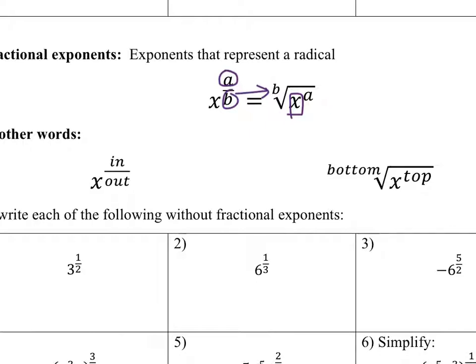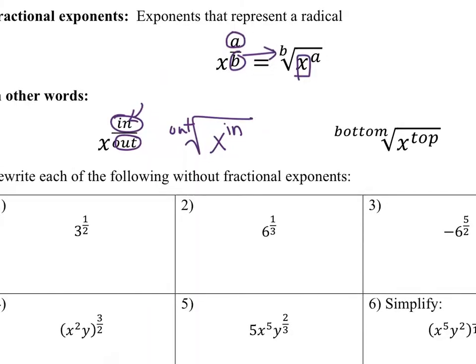So to begin with, we're just rewriting. Okay, so here, the top number is always the inside number. So if I'm going to rewrite this, this is the top number. That's going to go inside. And this is the outside number. That's the little index. Okay, so it's one way to think about it.